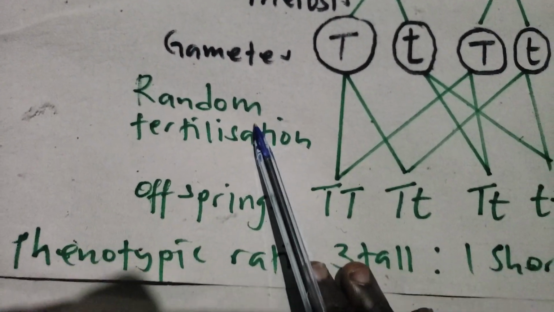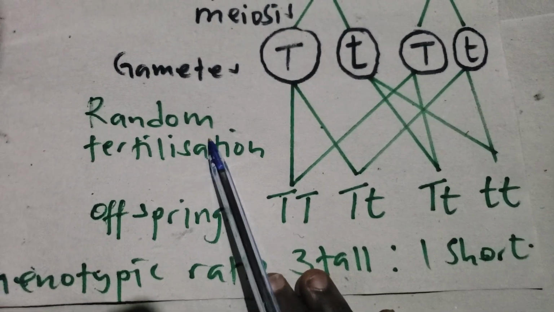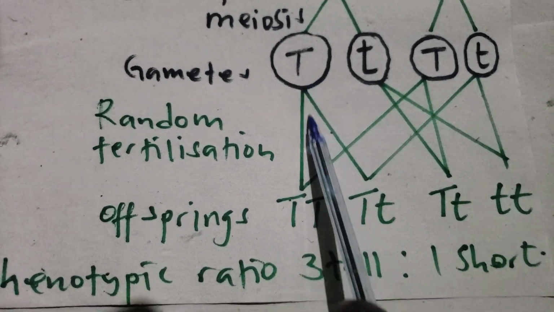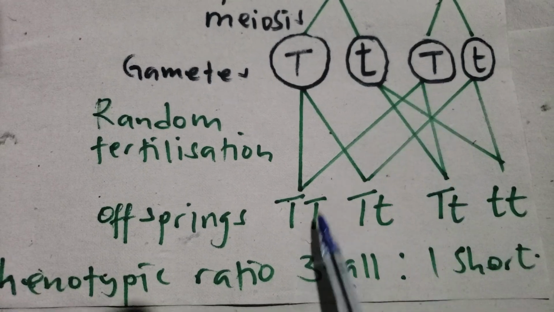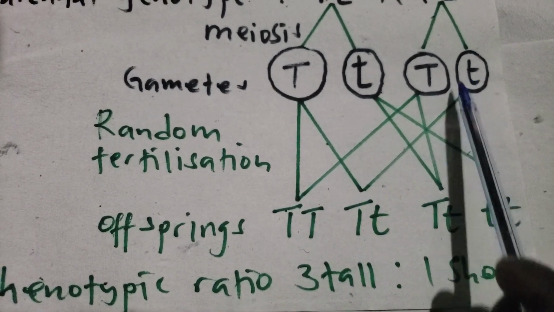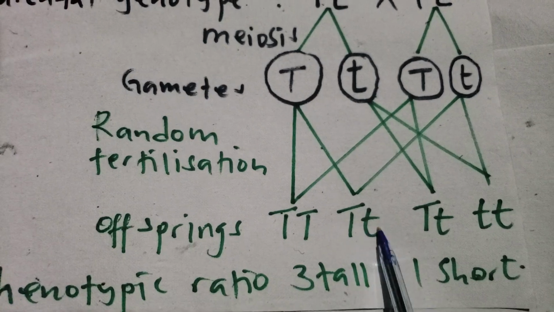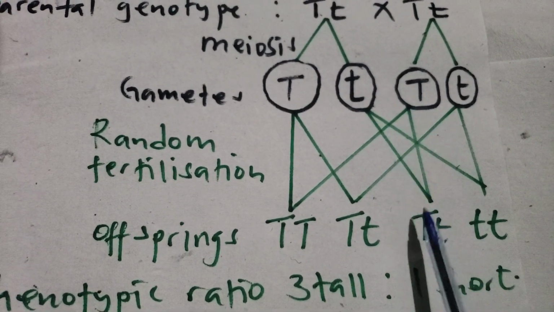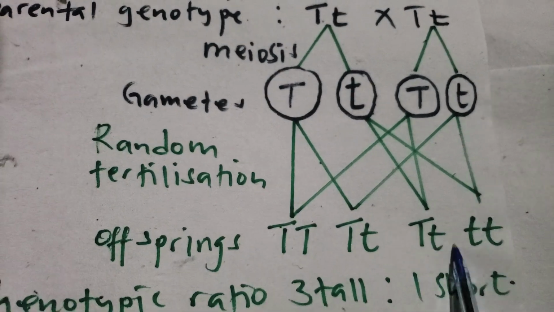From there we now have random fertilization, whereby this goes with this. We can have capital T, capital T. Then this goes with this, and we have capital T small t. Then this comes with this, and here we have capital T small t.